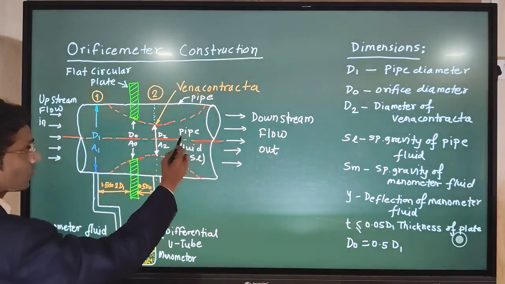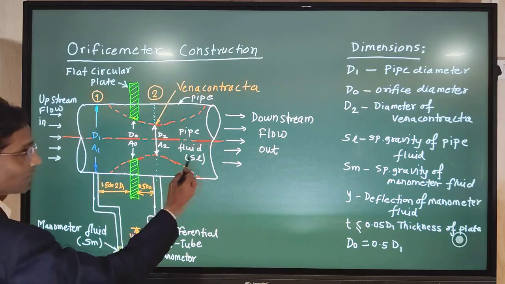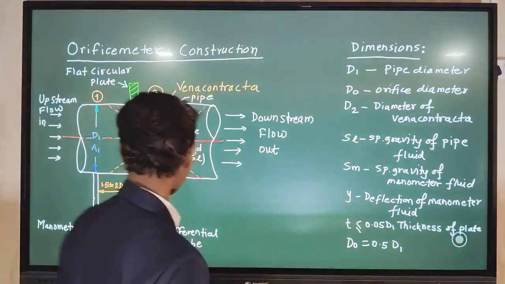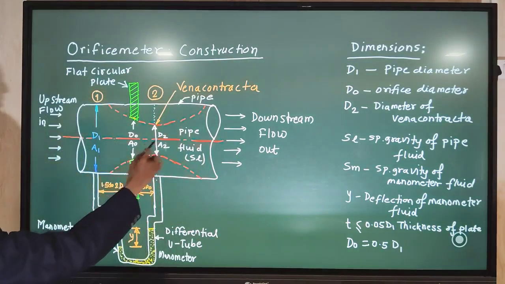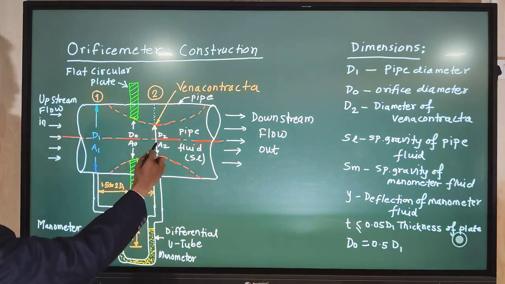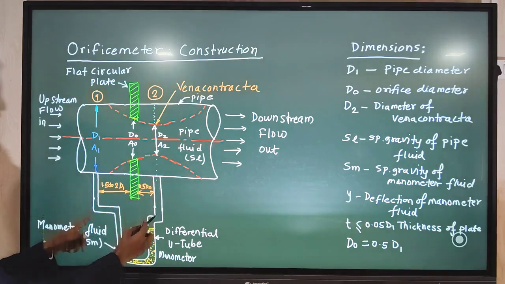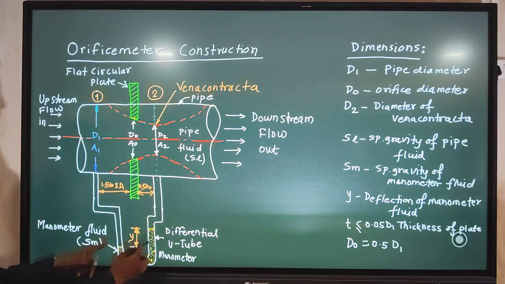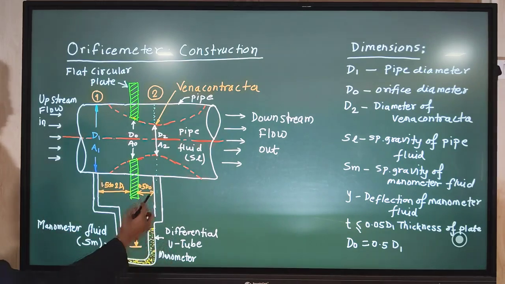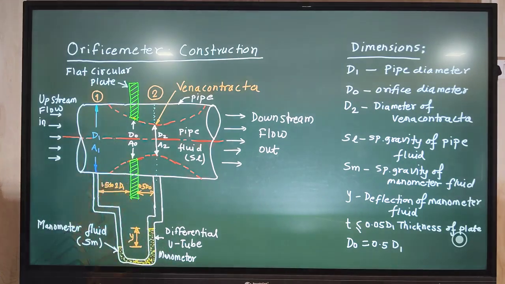Inside this pipe, the fluid passing has a specific gravity which we take as SL. Because of this change in dimension, a pressure difference is created. This pressure difference is measured by using a manometer fitment. This is a differential U-tube manometer fitted over this pipe section.